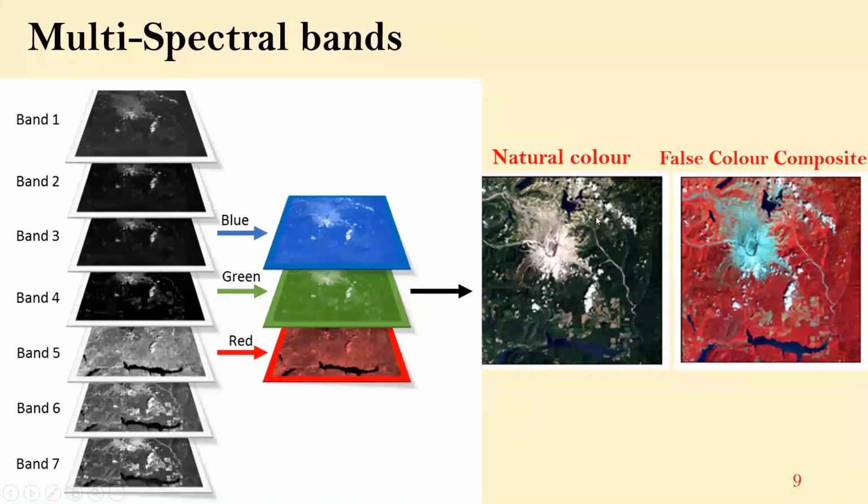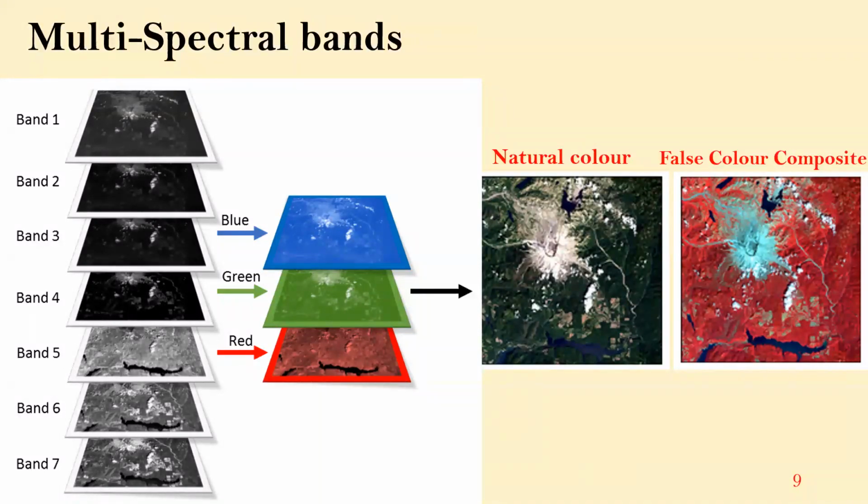And also, to make this image interpretation easier, we have an option to create a false color composite. Basically, in the false color composite, we are replacing the blue band, where the reflectance is lesser, with green, and green with red, and instead of the red band, a near infrared band is added here.